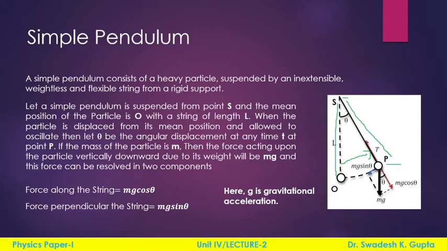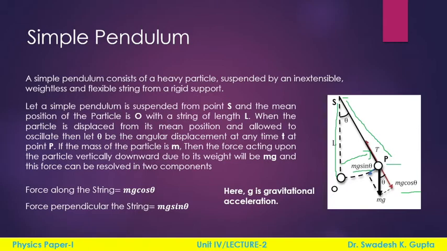The particle has mass m, so there will be a gravitational force mg downwards, and there will be two components of this force perpendicular to each other. One is mg cos theta and one is mg sin theta.